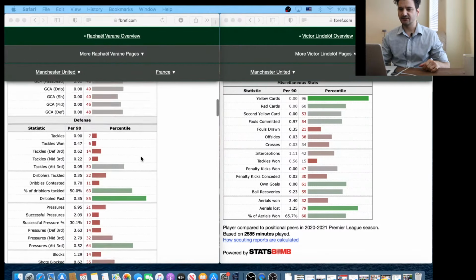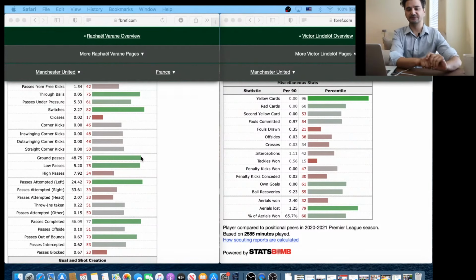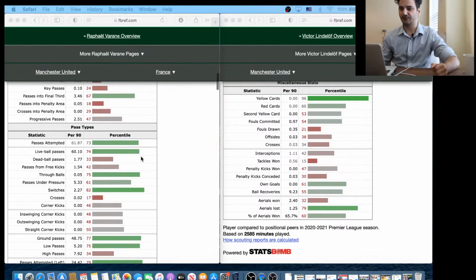All right, so the other thing that I think will be of encouragement to United fans about what we're getting is actually not the defensive capabilities, but more the attack, the ability to move the ball forward in transitional play or possessional play.